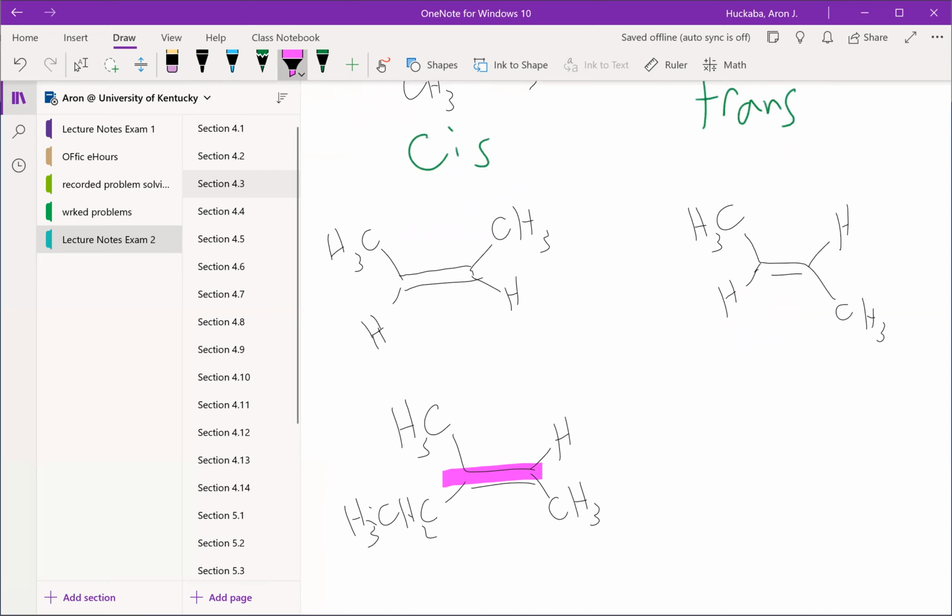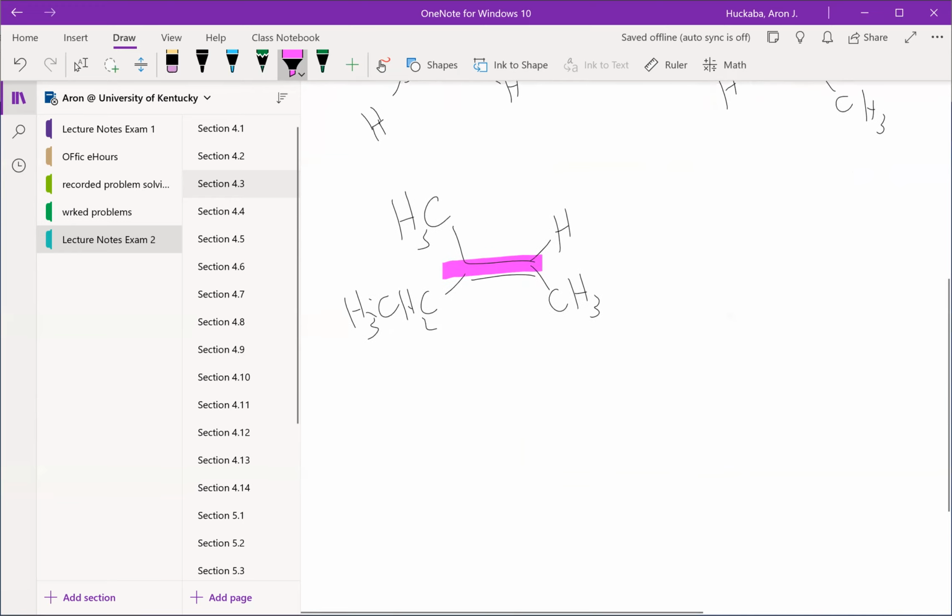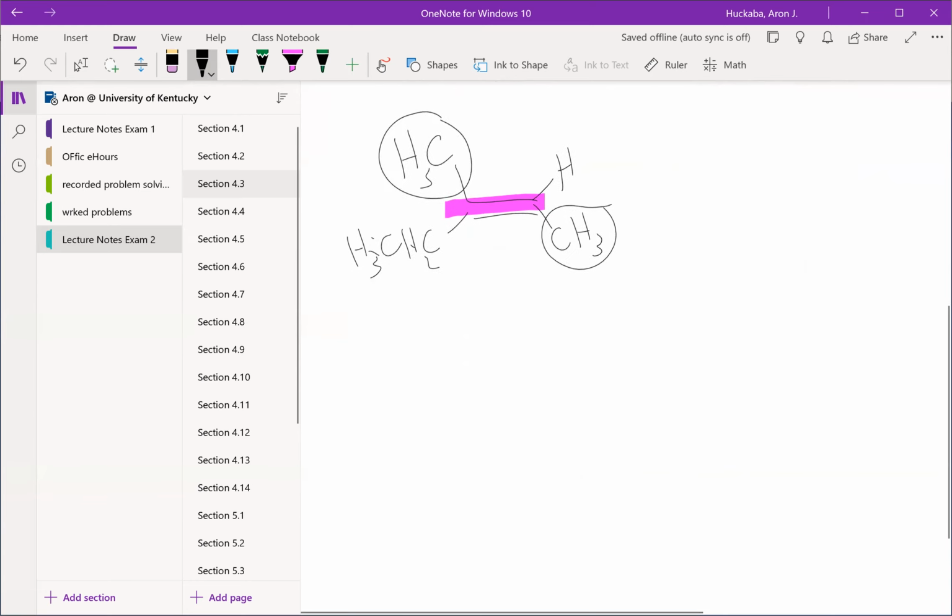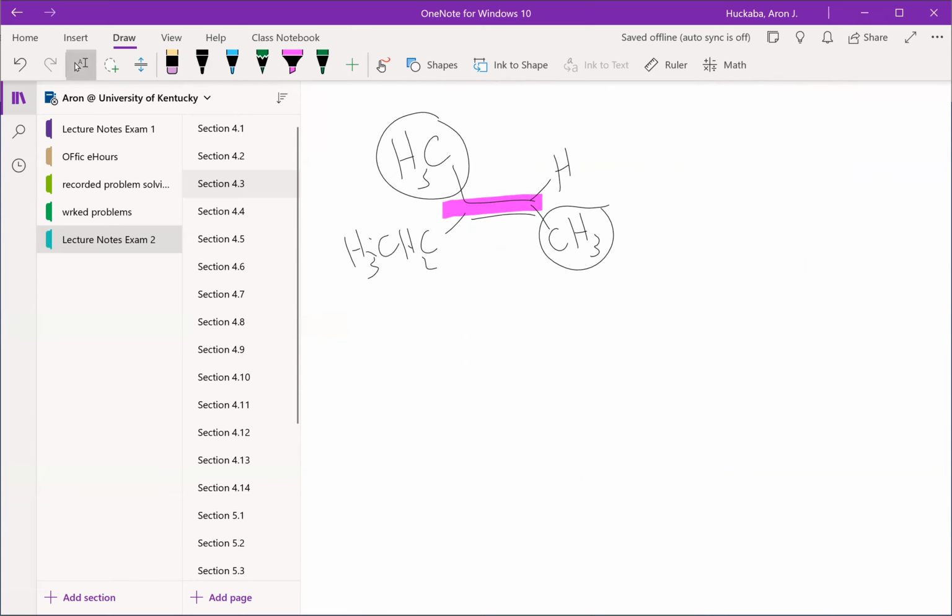And you can't have both cis and trans at the same time here in this naming convention. So we needed to have a different way to describe what was happening here. So instead of looking at just one thing and the other and deciding if they're on the same side, what we're going to do is kind of like what we did for the chiral molecules and the CIP naming configuration.